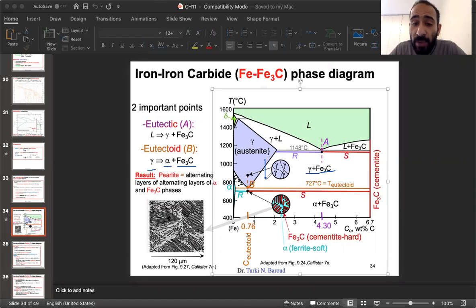So if you keep cooling down below the eutectoid temperature, you have iron carbide that already formed before, one, and iron carbide that will be formed as a result of the gamma austenite transformation, two, and then a third solid phase, which is the alpha ferrite. You can see there are many similarities between the eutectic reaction and the eutectoid reaction. This is why it's called eutectoid, meaning similar to the eutectic reaction. Wonderful.